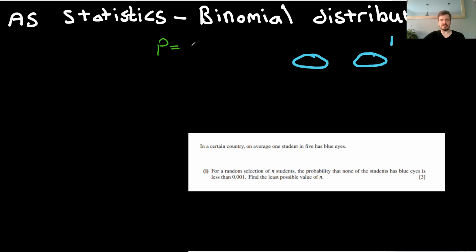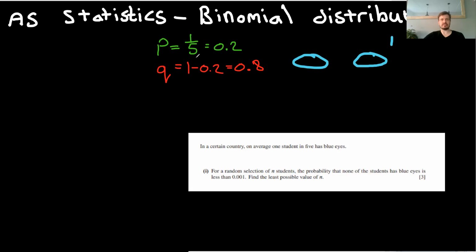So 1 out of 5, which is 0.2. So then our Q is the not successful. So let's do that in red. And that's just going to be 1 minus 0.2, which is 0.8.